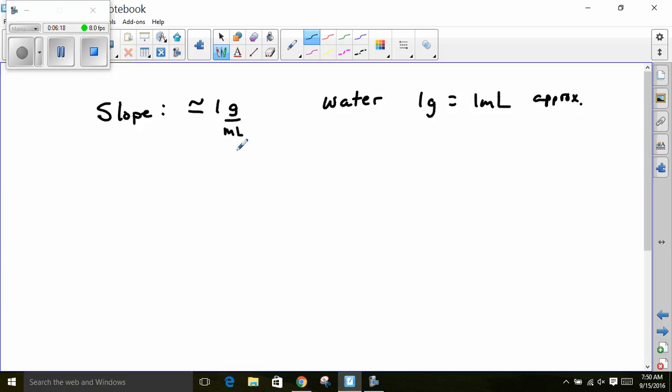This value also has a name. We call this the density of water. Density of water is constant as long as we keep certain things constant. The main thing that we have to keep constant is a constant temperature.